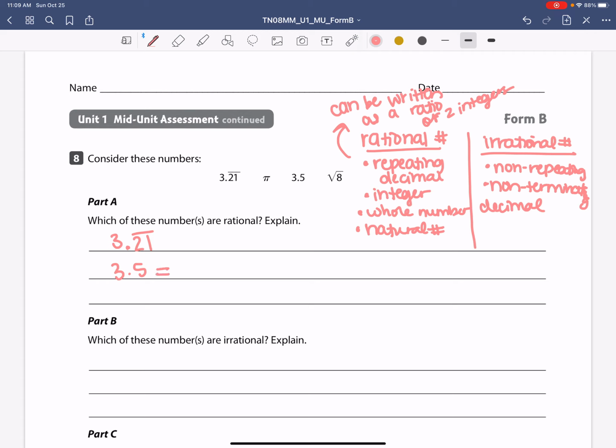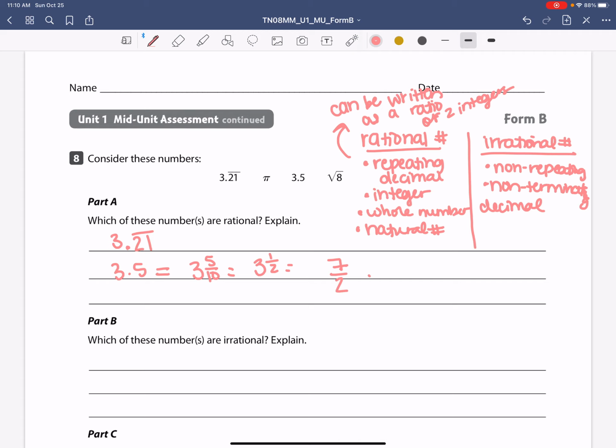I could write 3.5 as 3 and 5/10, which reduces to 3 and 1/2. I can rewrite this as 3 times 2 plus 1, which is 7/2. This is a ratio of two integers because 7 is an integer and 2 is an integer.